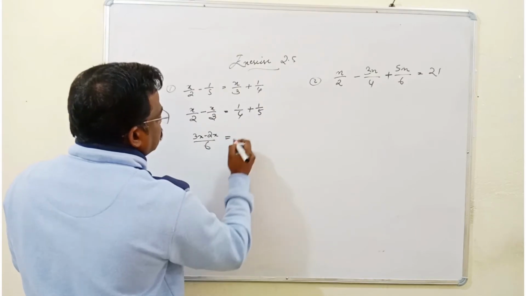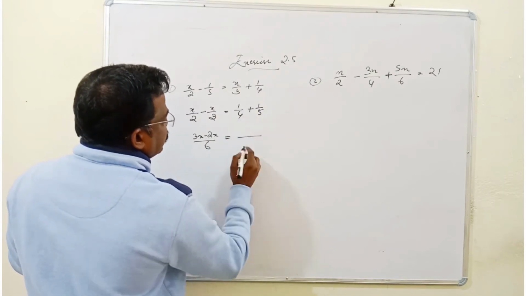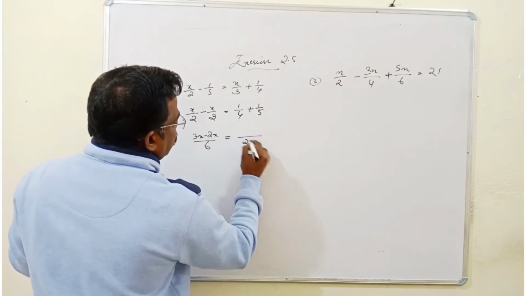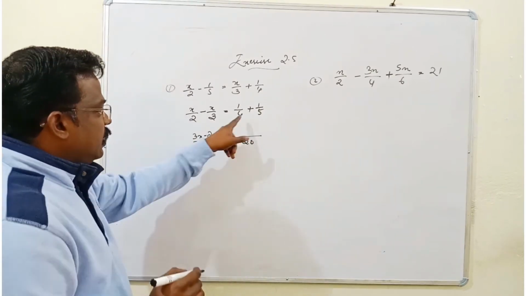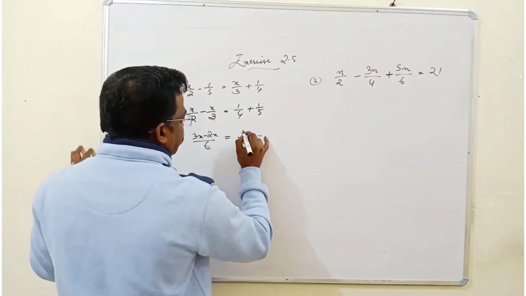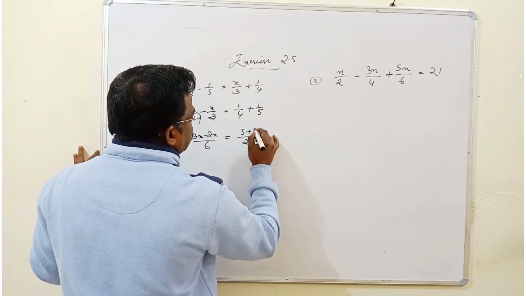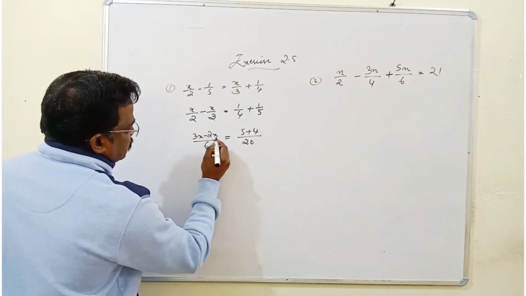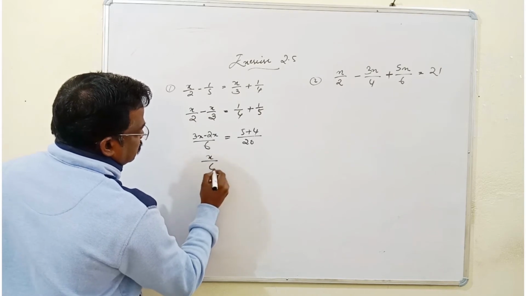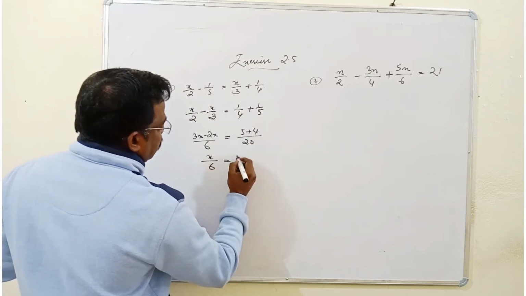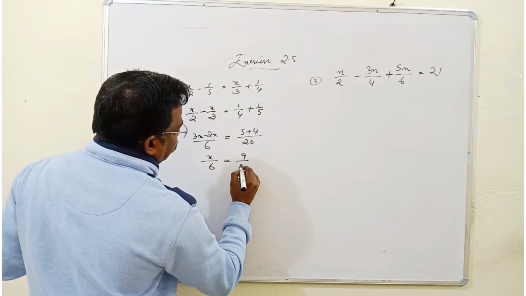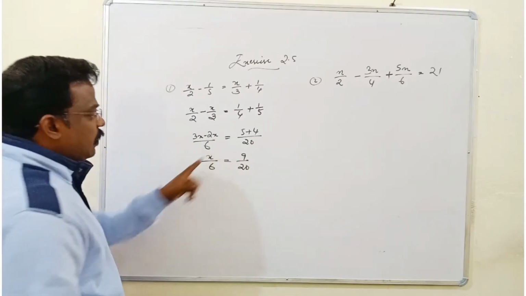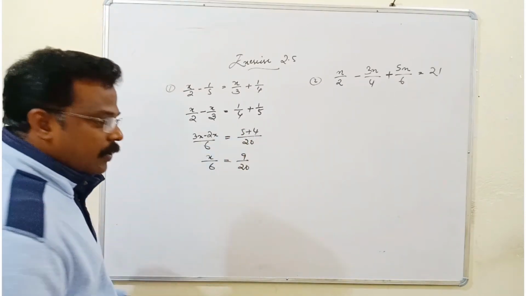That equals, here also LCM of 4 and 5 will be 20. Okay, so 5 4s are 20, 4 5s are 20. So here 3x minus 2x, x by 6. So here 9 by 20. 5 plus 4 is 9, 9 by 20.